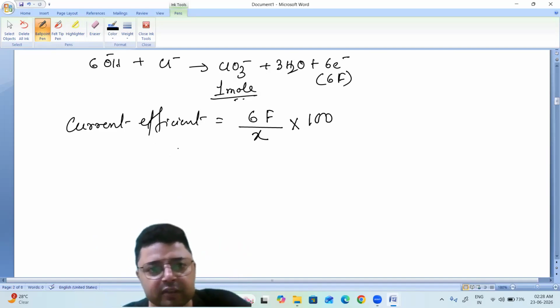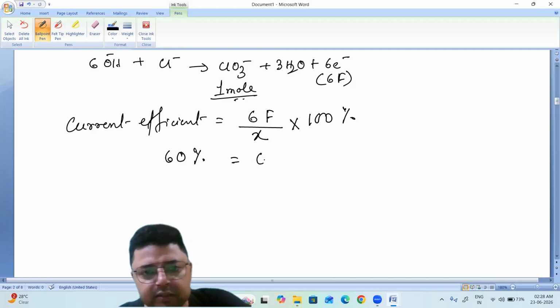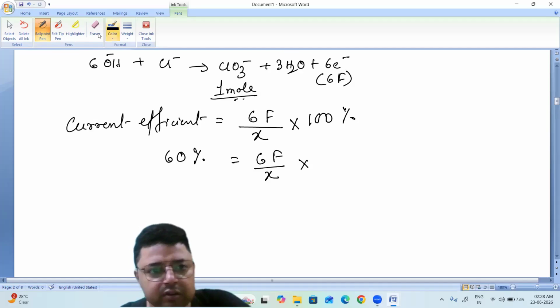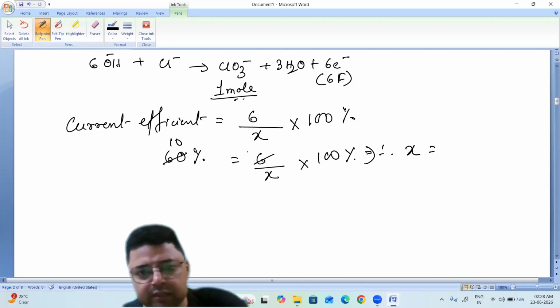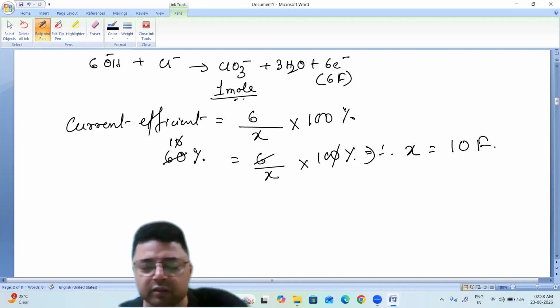Current efficiency they have given as 60%, and here it is 6F by X into 100. Therefore from here you can write X equals 10 Faraday.